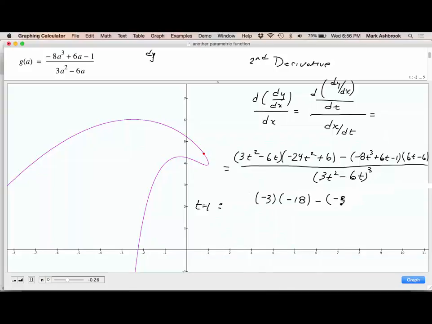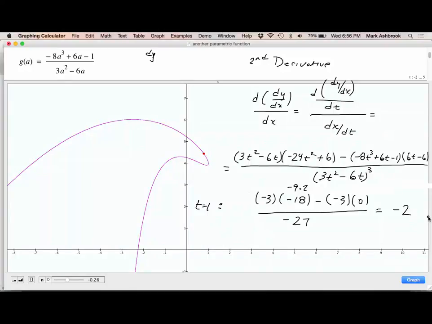Is that negative 3? Check my work. Times 0. We like that. All over 3. So negative 3 cubed is negative 27. Check my work. Did I do that right? And so what do we get? Negative what? So this is negative 9 times 2. Is it just negative 2? Yep. I love it.